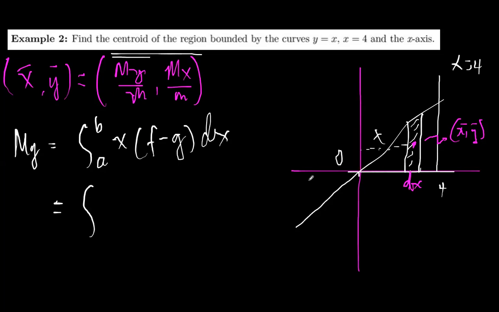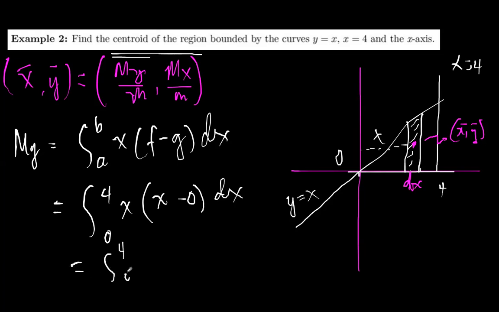Our boundary is from 0 to 4. This is x, and our f is the upper function, y is equal to x, so this is x, and our lower is y equal to 0. And this is dx. So this is the integral from 0 to 4 of x squared dx.